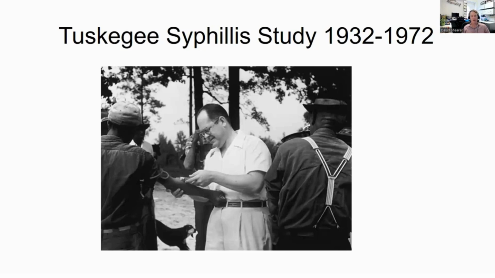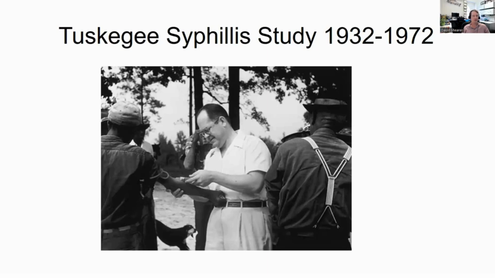And so it's really one of the worst examples of irresponsible conduct of research. And I think a lot of the guidelines and regulations around research ethics have come from this study.